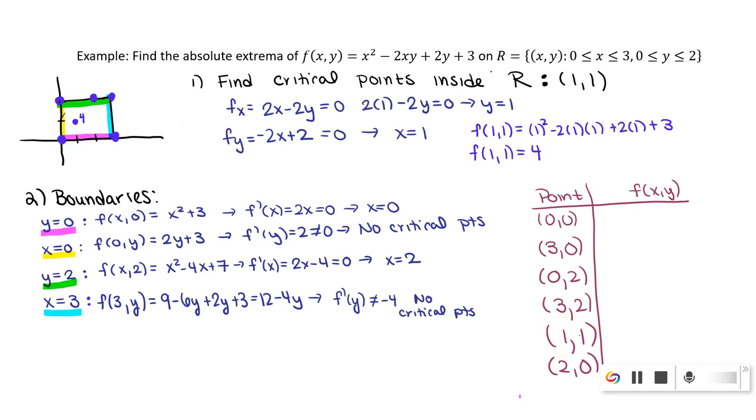So I'm going to organize my information in a table just to make it a little bit easier to see. So we've got the point 0, 0, 3, 0, 0, 2, 3, 2. Those are my corner points. My interior critical point is 1, 1.